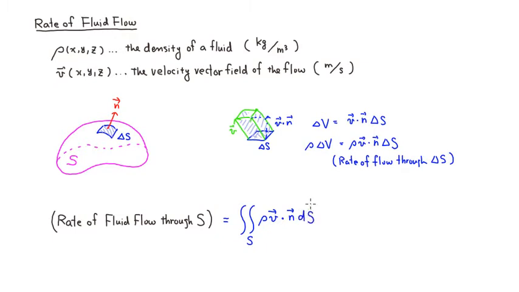So you can see that a surface integral can be used to find the rate of fluid flow through the entire surface S. That's it. I hope that this was clear.